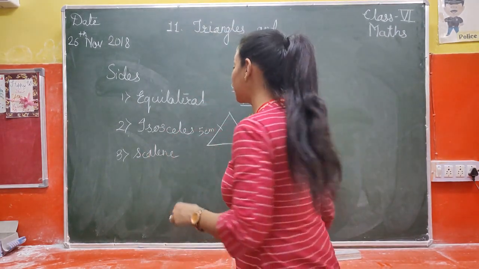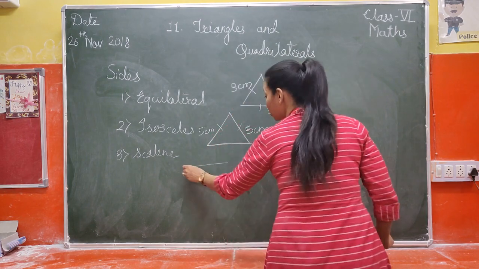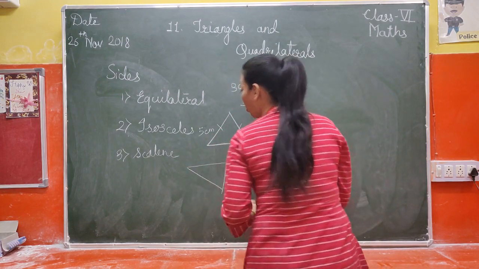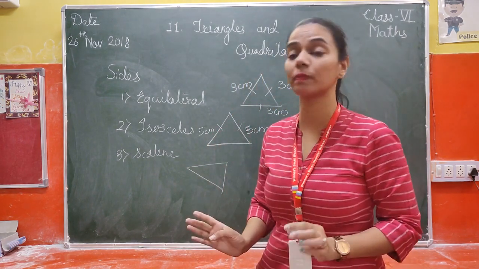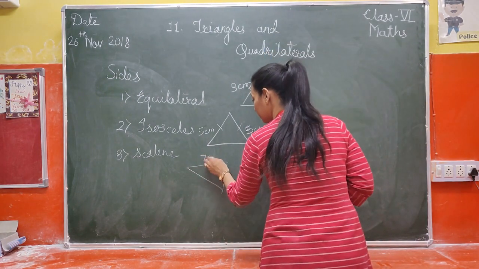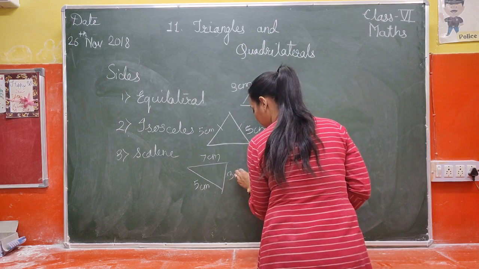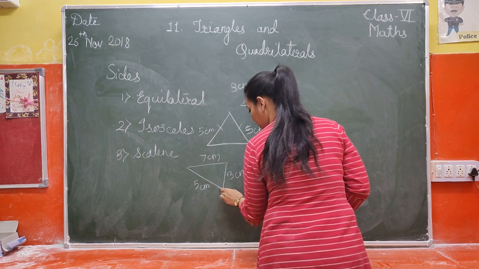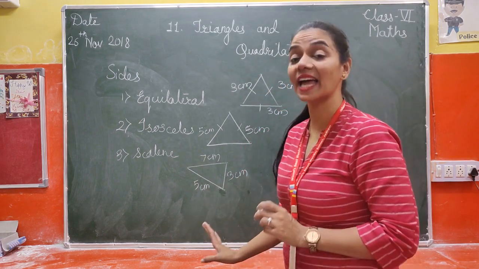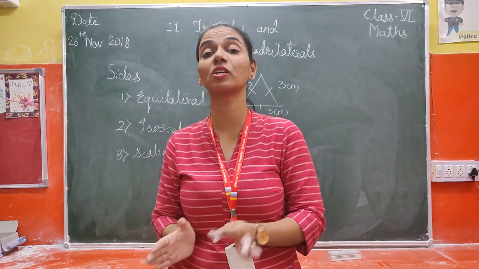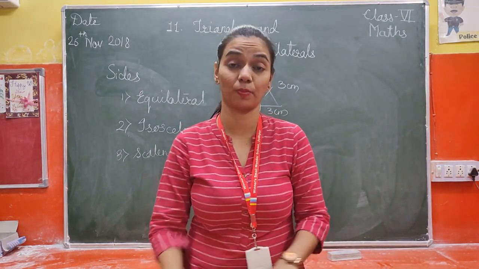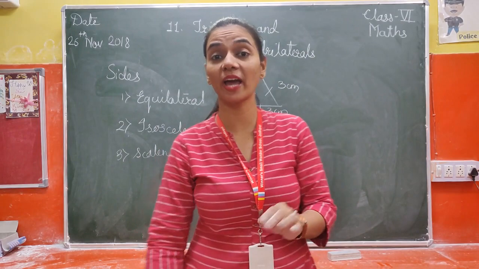And the third one is scalene. A scalene triangle doesn't have any equal side. All the 3 sides have different measurements. So these are scalene triangles. So we have 3 types of triangle.